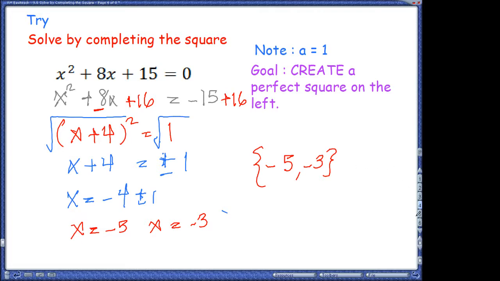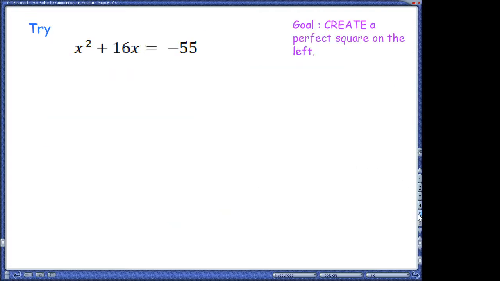So let's try another one. You may want to pause the video and try this completely on your own, and then start playing it and see what work I have done. So x squared plus 16x is equal to negative 55, and I am going to create a perfect square on the left by taking the 16, half of 16 is 8, square it, I get 64.